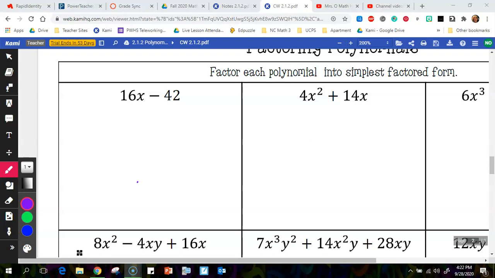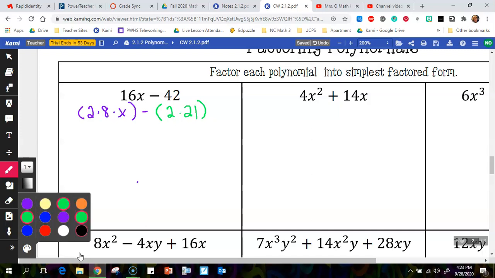So let's rewrite the 16x as 2 times 8 times x. And my minus, and I'll do a different color, I'll write the 42 as 2 times 21. I mean, I could write it 3 times 7. I could write this 2 times 2 times 2. It doesn't matter. But I've got the 2 in common, and that's it.